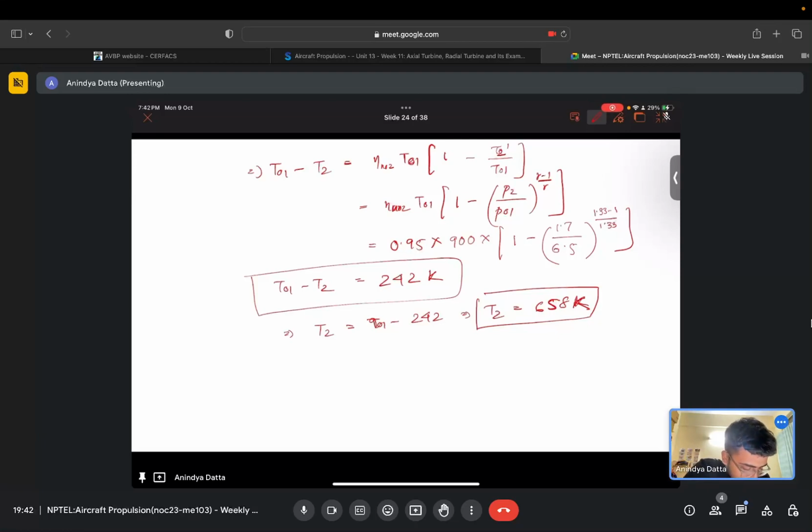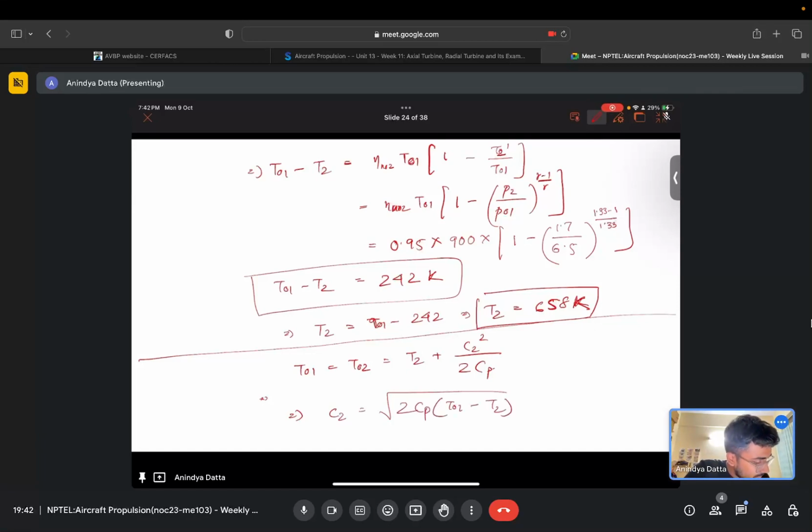Now we know that T01 is equal to T02, right? Because these are nozzles, so the stagnation temperature stays constant. That is equal to T2 plus C2 square by 2Cp. So this gives us C2, which is equal to the square root of 2Cp times (T01 minus T2).